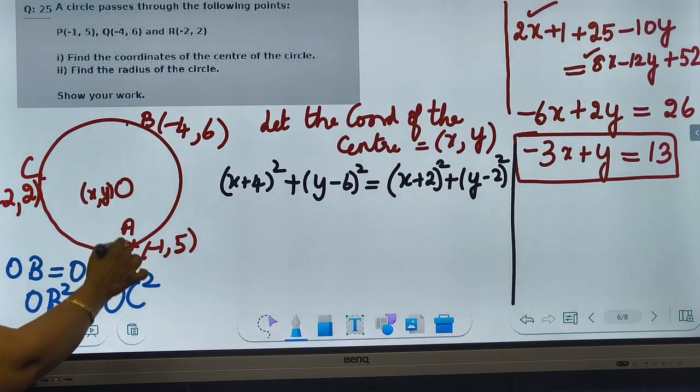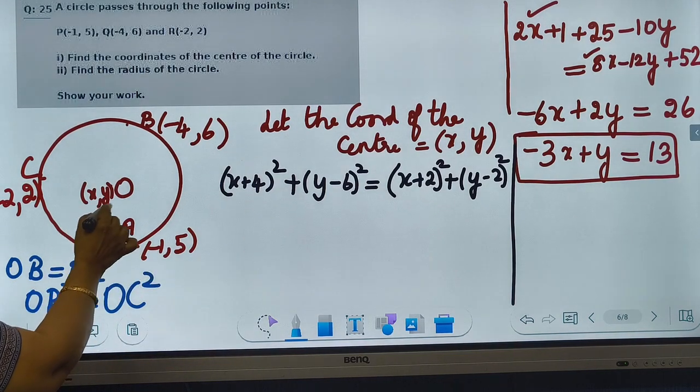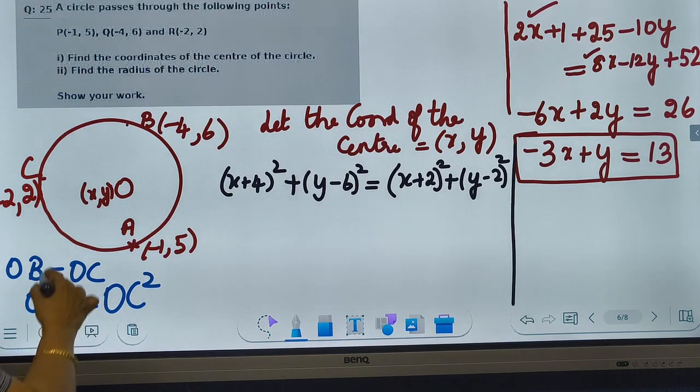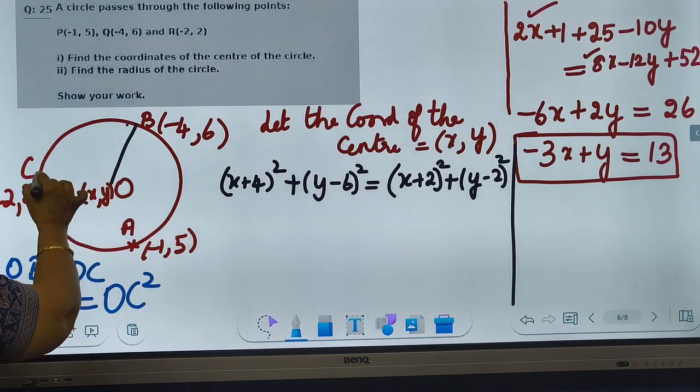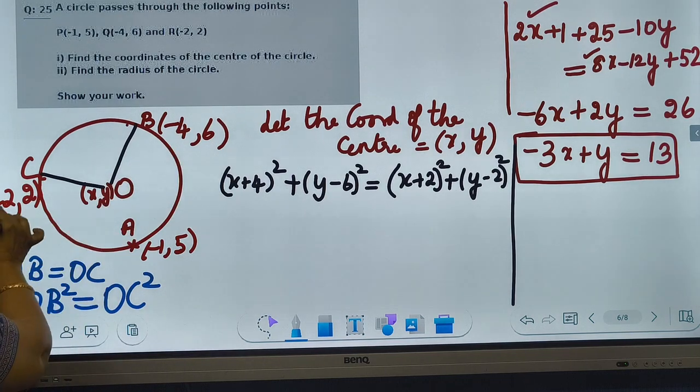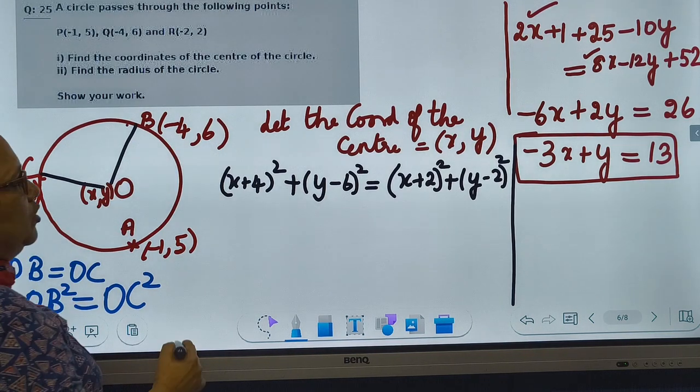Equating OA, what have I equated? I have equated, see first we equated OA equal to OB, now I have equated OB equal to OC. So x plus 4 the whole square plus y minus 6 the whole square equal to x plus 2 the whole square plus y minus 2 the whole square.